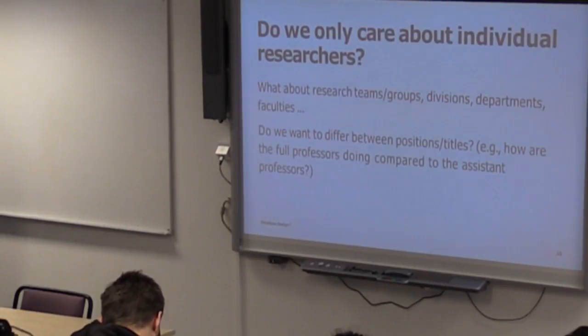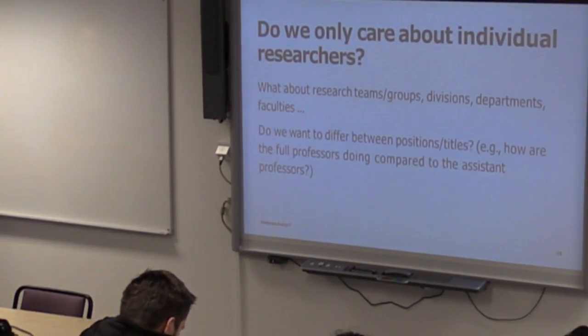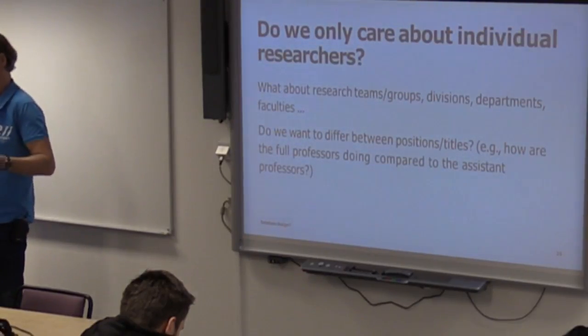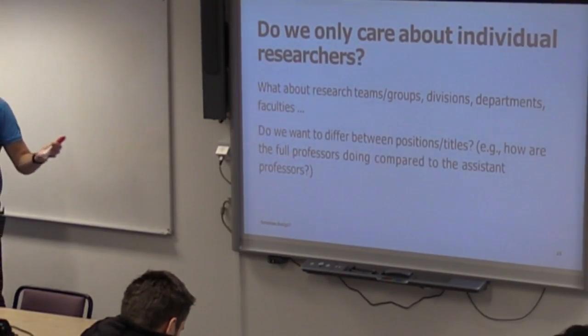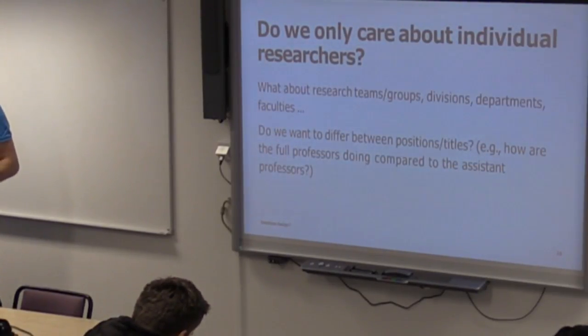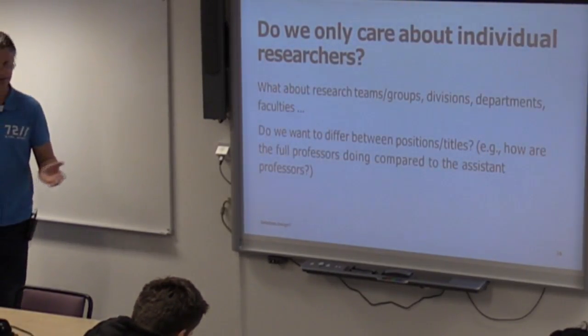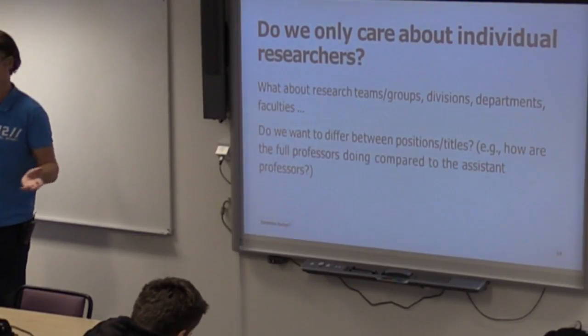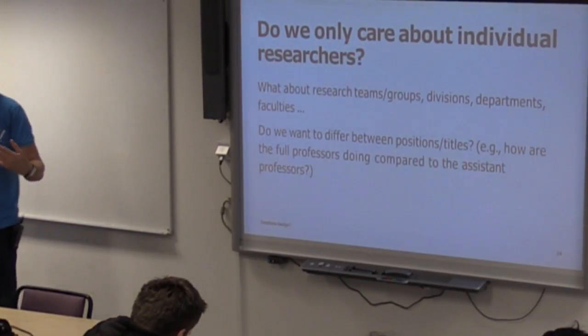Do we need to take titles into account? Should we compare a full-fledged professor with an assistant? I'm just asking questions here. If the answer is no, we don't care about that, well, then get rid of that title thing. So I'm mainly thinking out loud here.